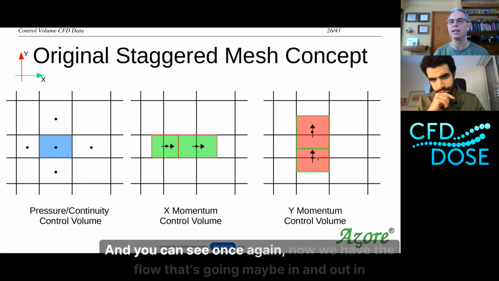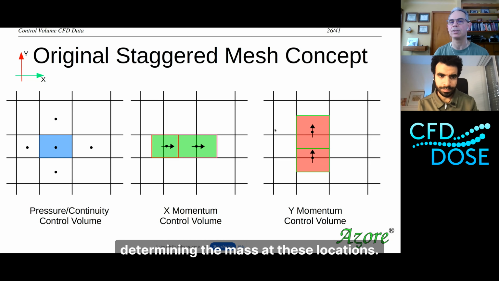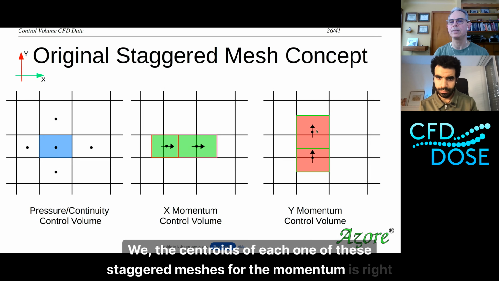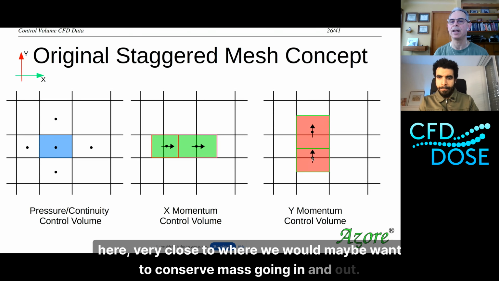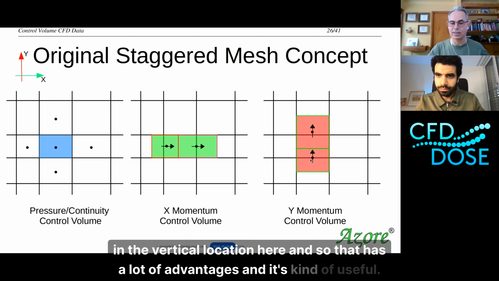Once again, now we have the flow going in and out, determining the mass at these locations. The centroids of each one of these staggered meshes for the momentum are right here, very close to where we would want to conserve mass going in and out in the vertical direction. So that has a lot of advantages, and it's useful.